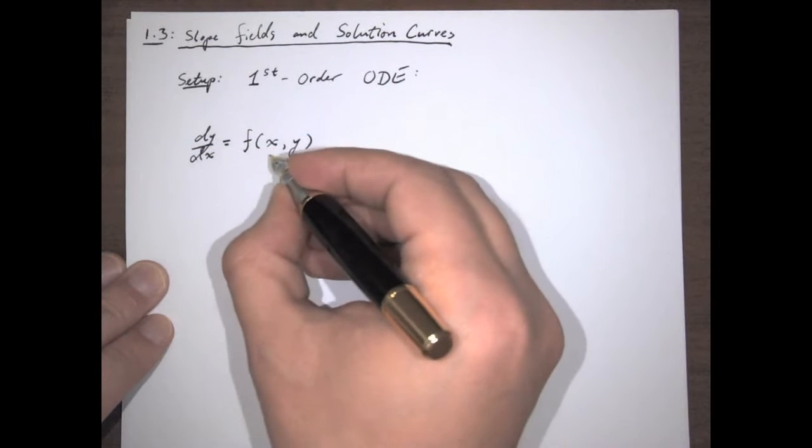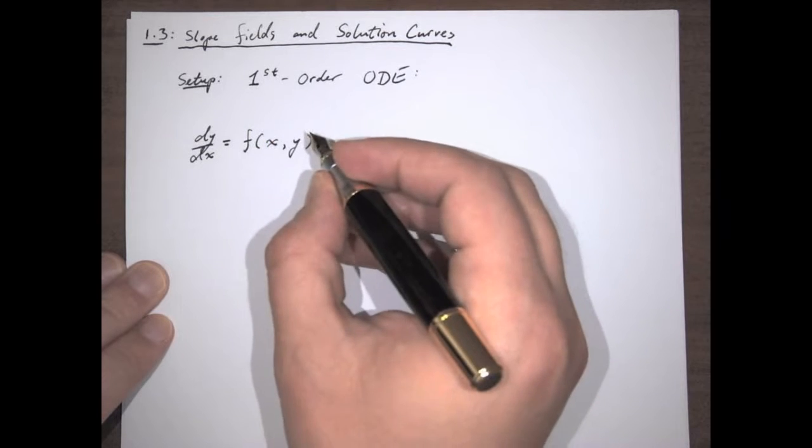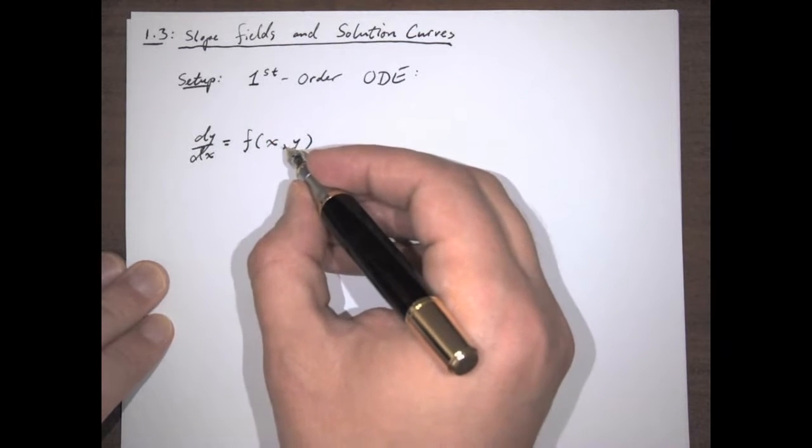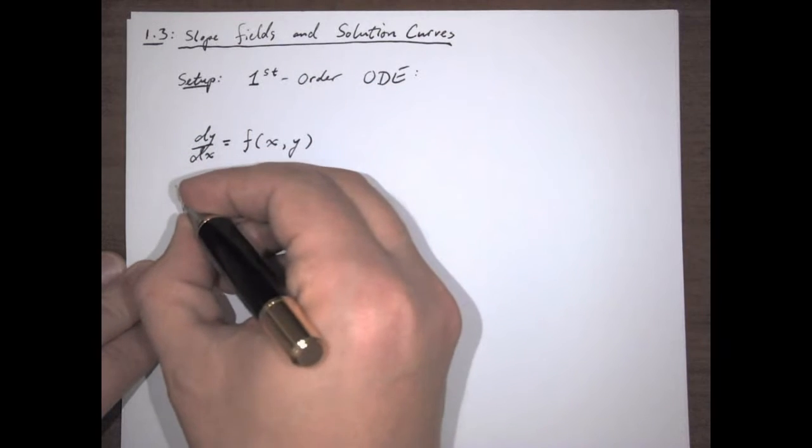But what this means, if you think about it, is that for every pair of coordinates x and y, in other words every point on the xy plane, we can find a derivative, in other words, a slope.